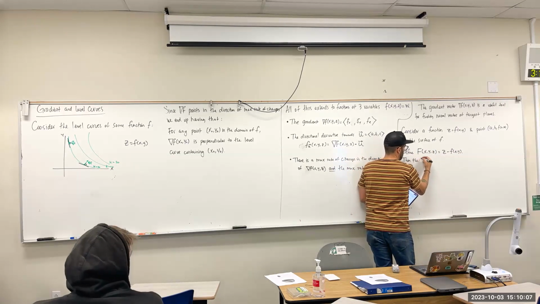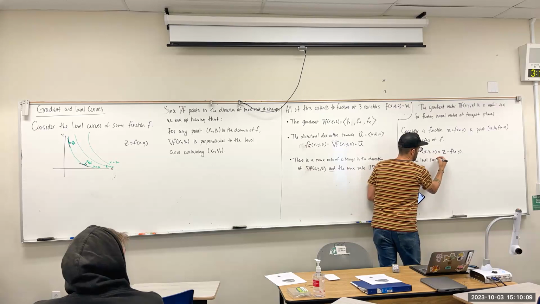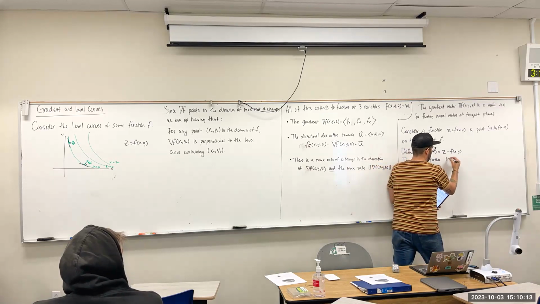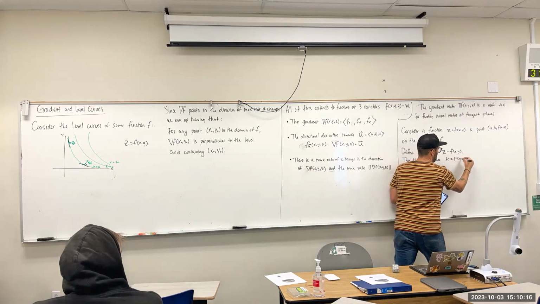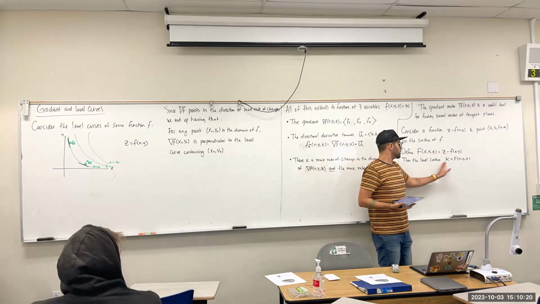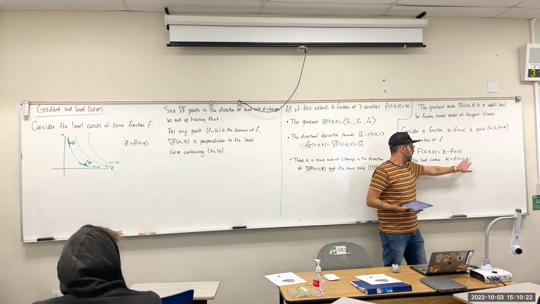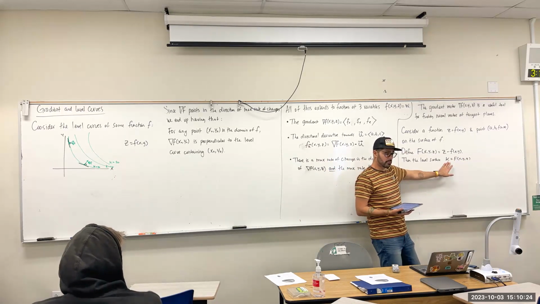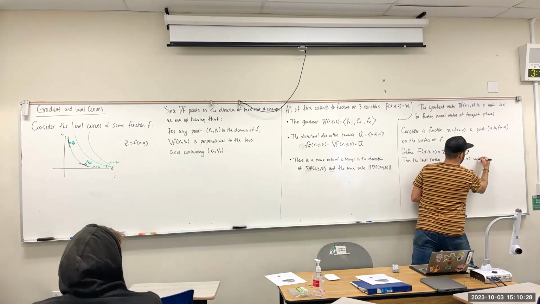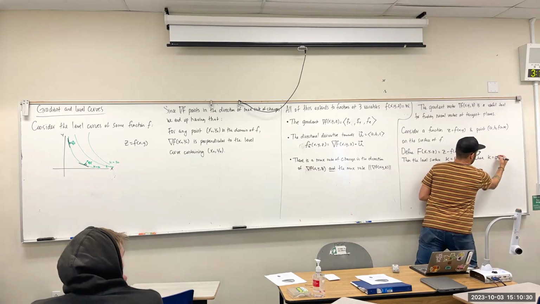Then the level surface k equals f of x, y, z, which means the level surface that contains all the three-dimensional points that output k, where k is equal to 0.